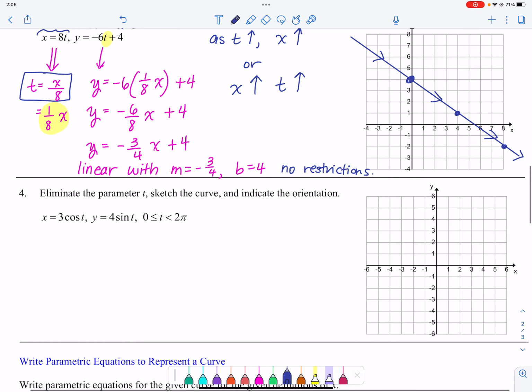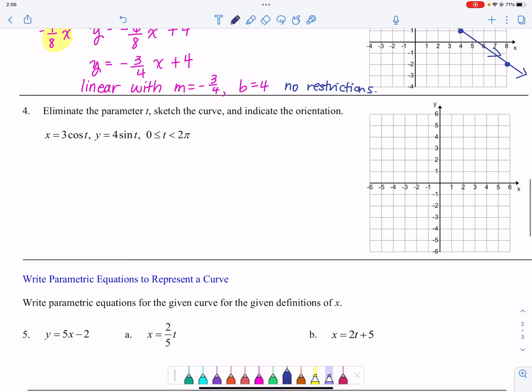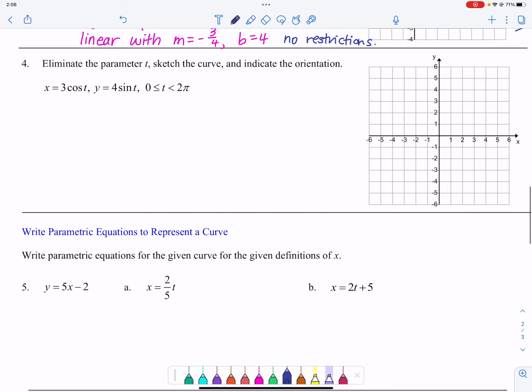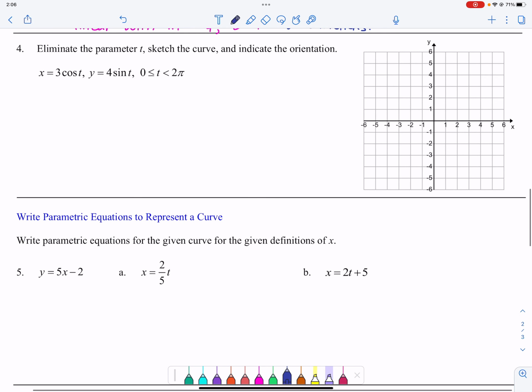Okay, let's look at number 4. Eliminate the parameter t, sketch the curve, and indicate the orientation. We first want to note the restrictions here for x.